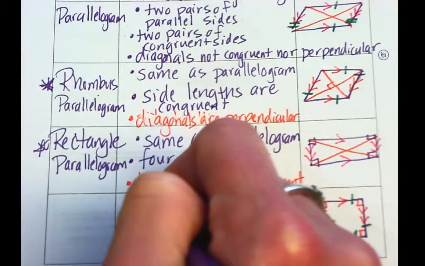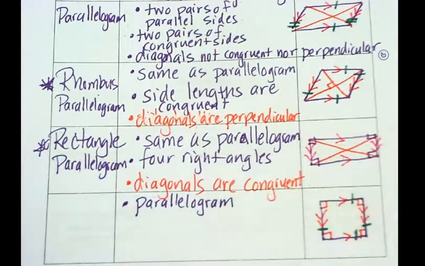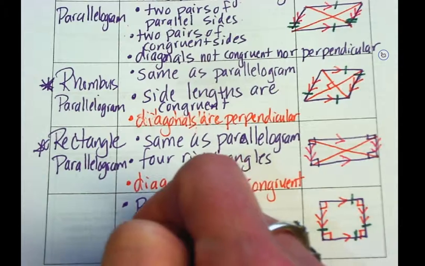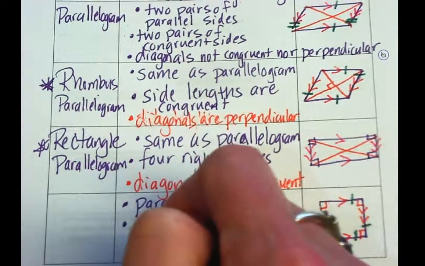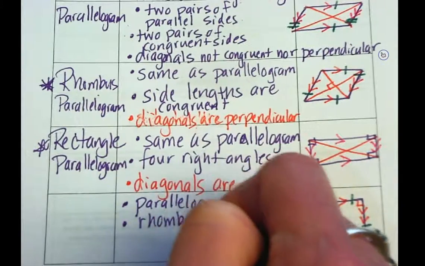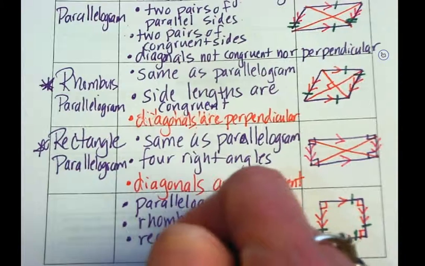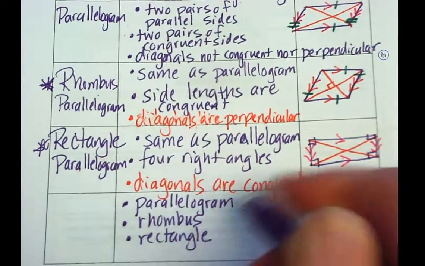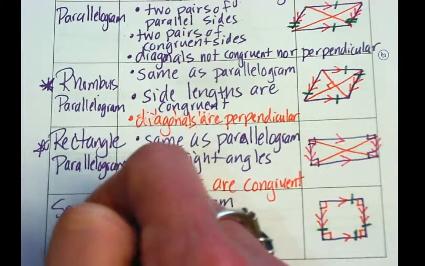It's a parallelogram. It's also a rhombus. And it's also a rectangle because it has all of the same qualities as the rhombus and the rectangle and the parallelogram. So that's our square.